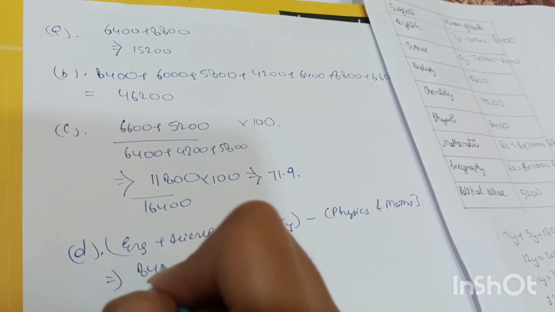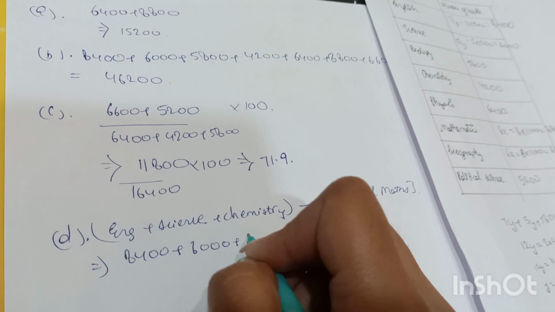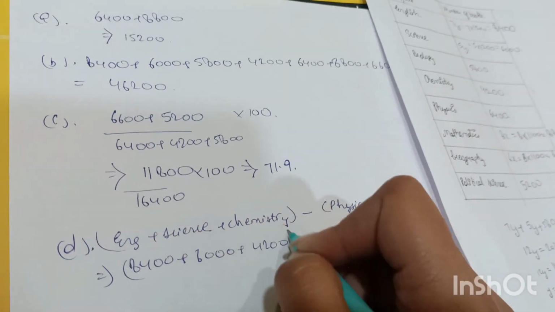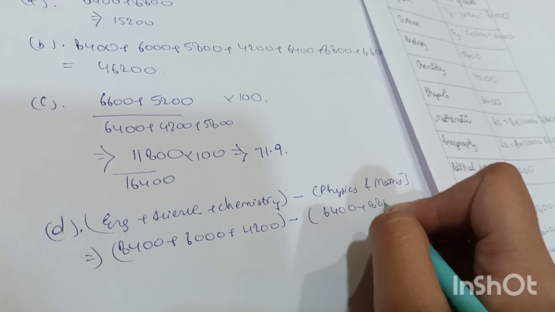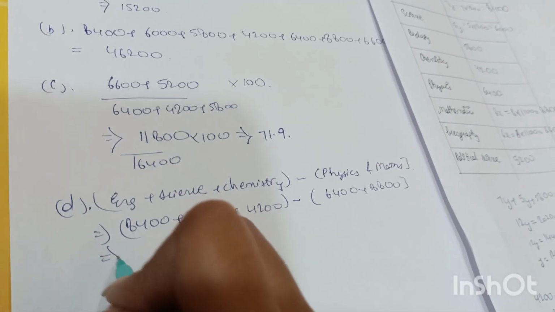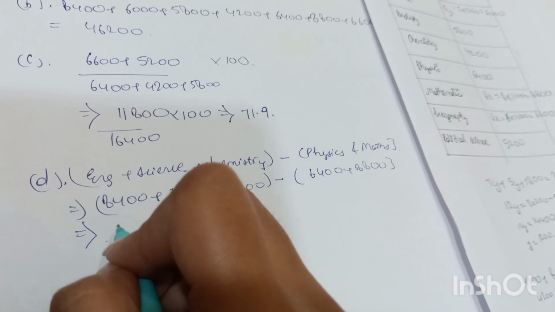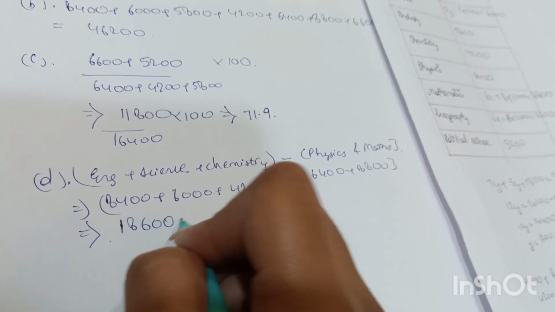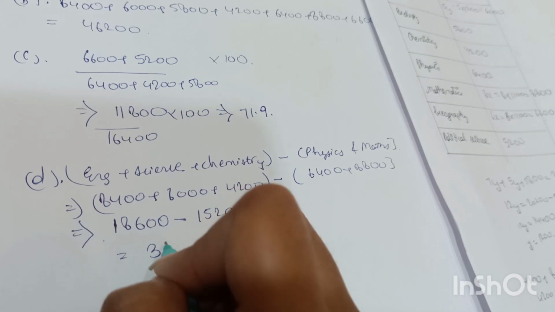English plus science plus chemistry minus physics and maths. So you'll get the value as 600 minus 15200. So you'll get the value as 3400.